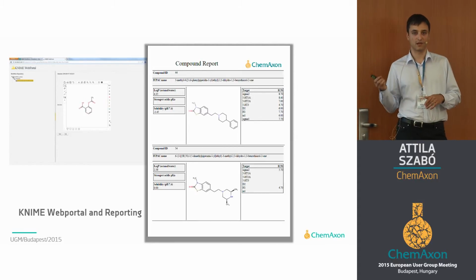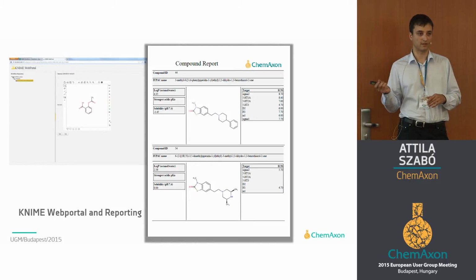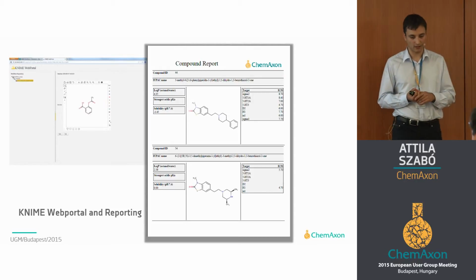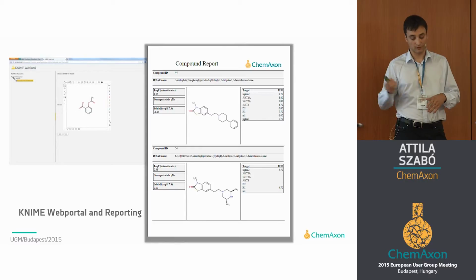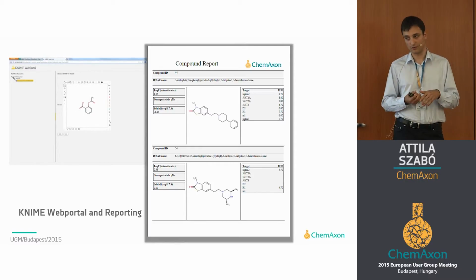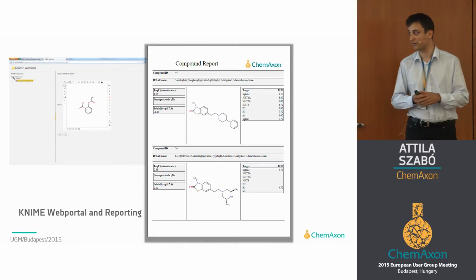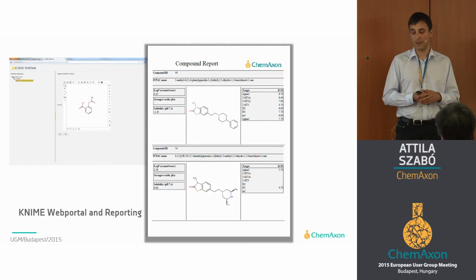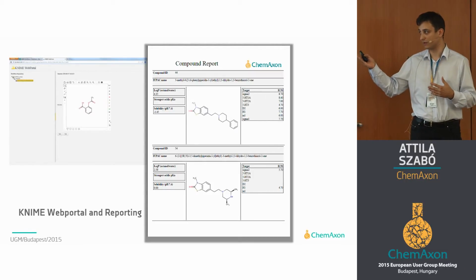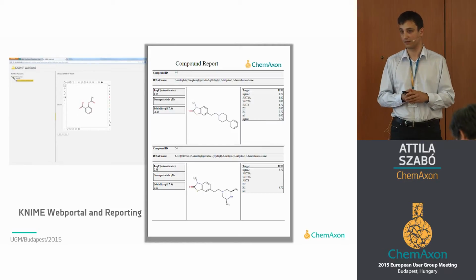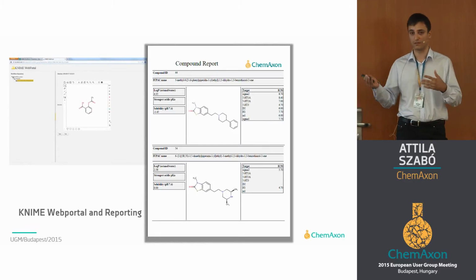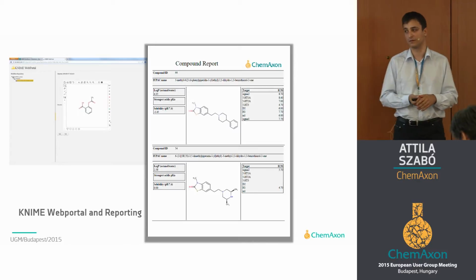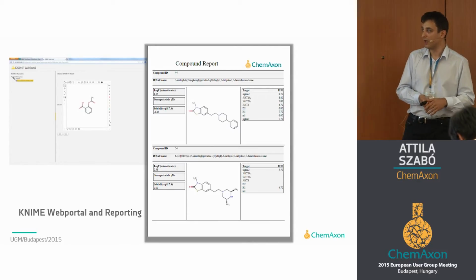And Marvin JS and Marvin Applet are also integrated into this web portal, which means that you can create a workflow that asks for a chemical structure from the user, and this way you can put this on the user's desktop without showing them the KNIME workflow. They just need to give the input and the user gets the output.